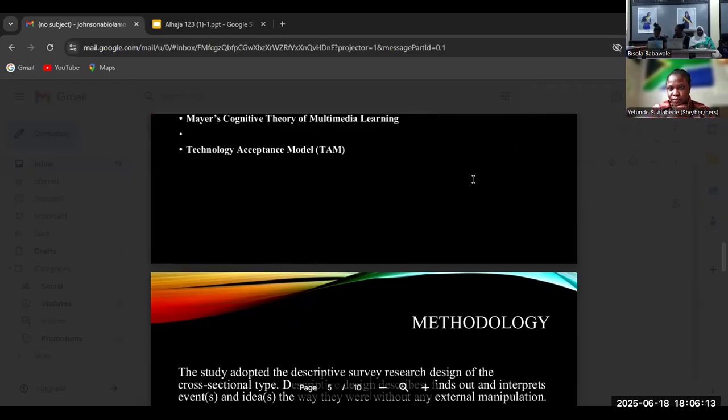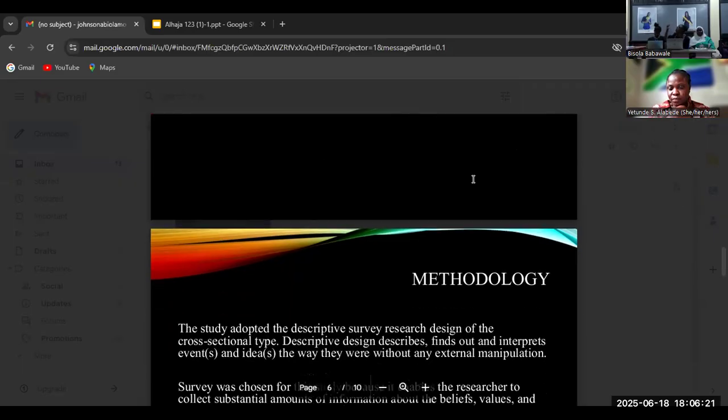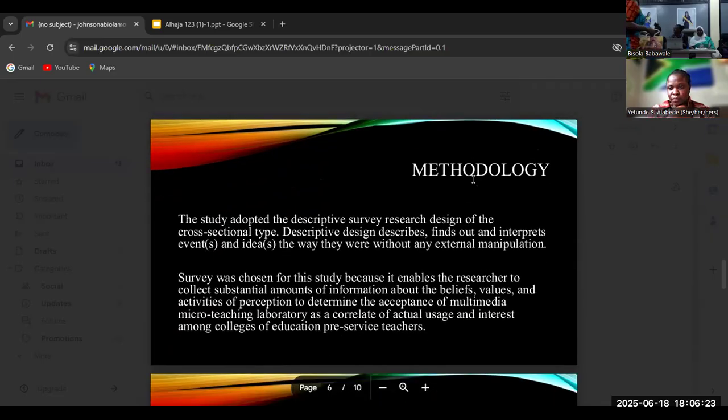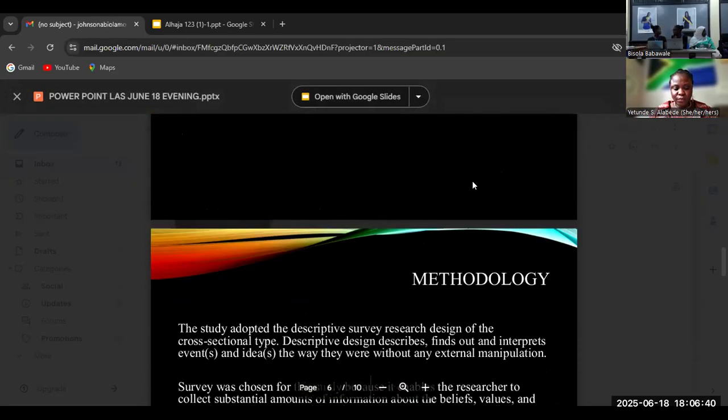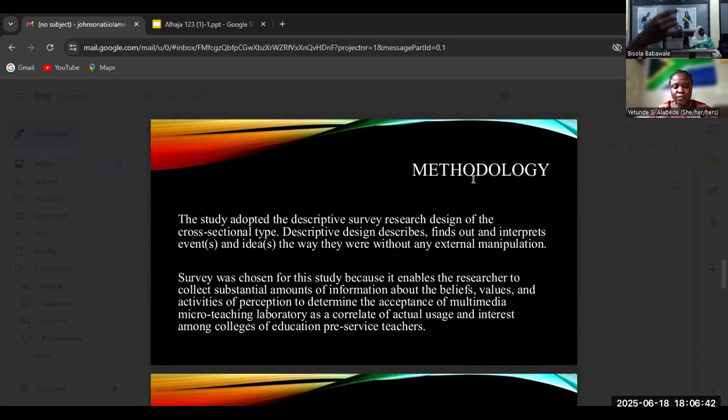The skills of questioning, we learn in micro-teaching. The closure, how you end your lesson to give your students the ability to recall what you have done. Some of these skills have been learned during micro-teaching experience. So this study adapted the technology acceptance model to look at the perception and acceptability of these multimedia micro-teaching laboratories by pre-service teachers.